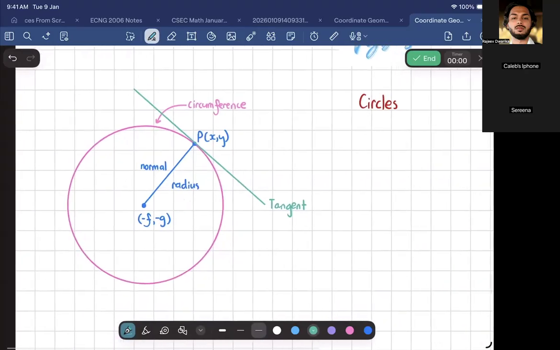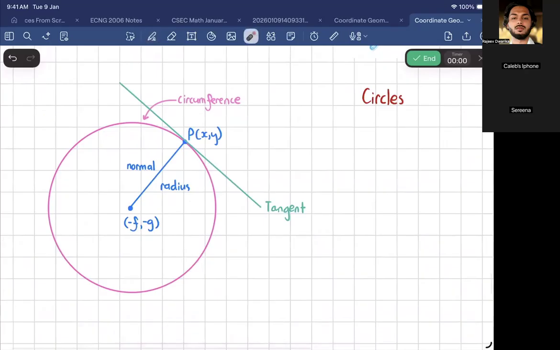So let's examine what we've discussed so far. I said that you need to know what the center of the circle is. It's given by minus f comma minus g. You'll see what I mean by that shortly. This is the radius because it's from the center of the circle to the point on the circumference. So any point on the circumference, once it's connected to the center, that is going to be the radius.